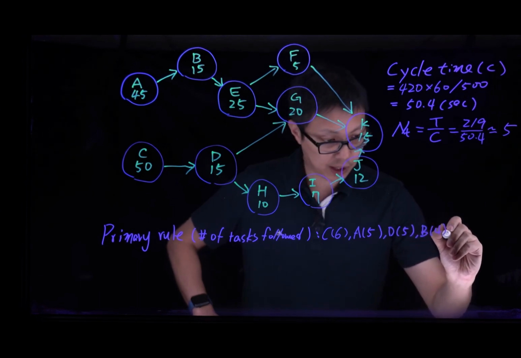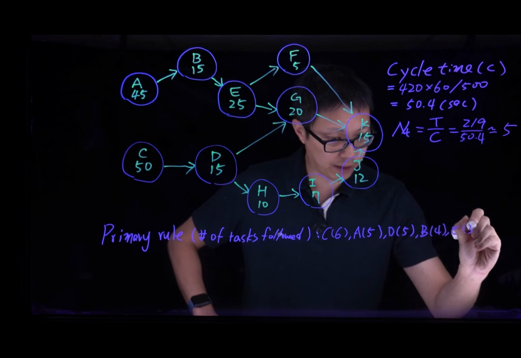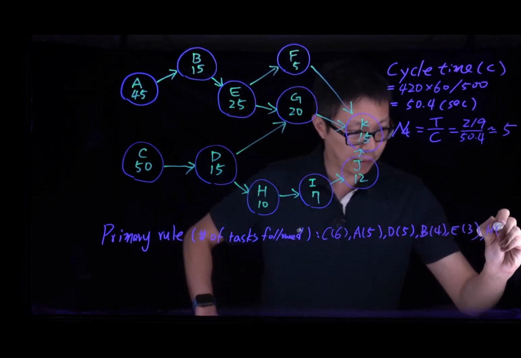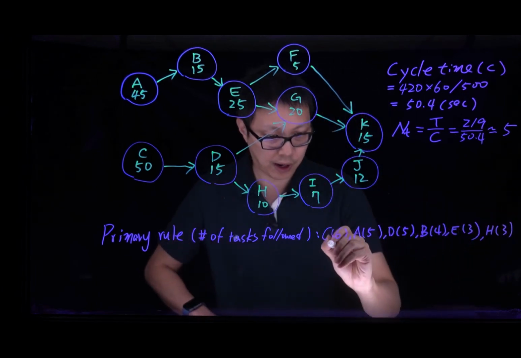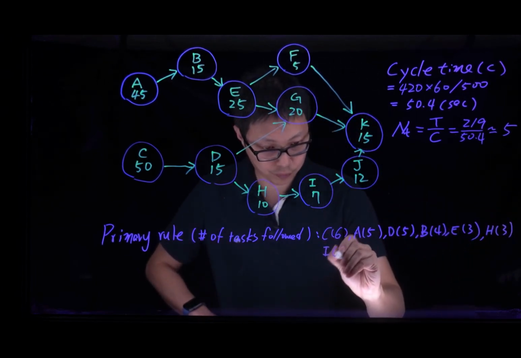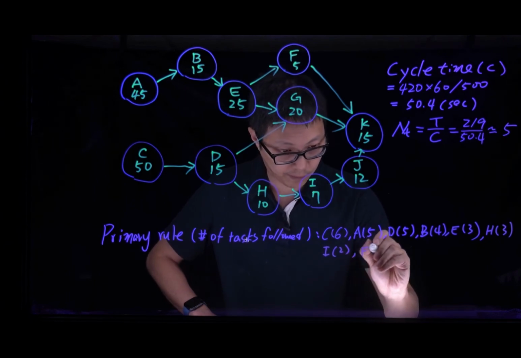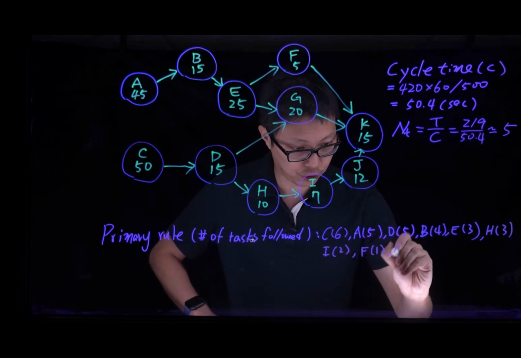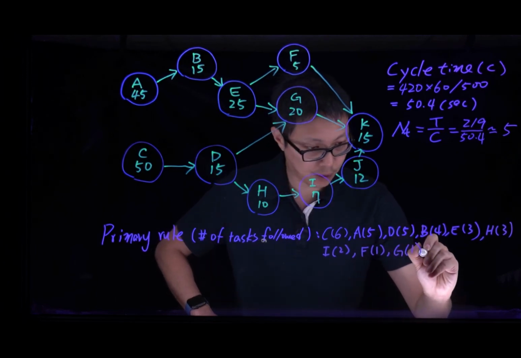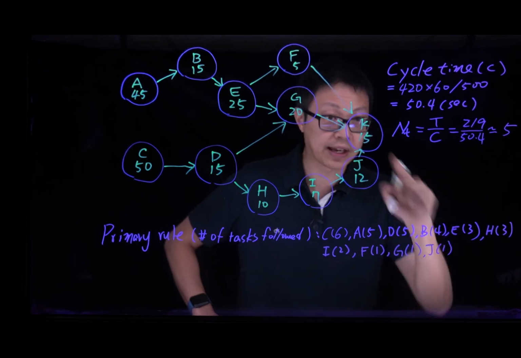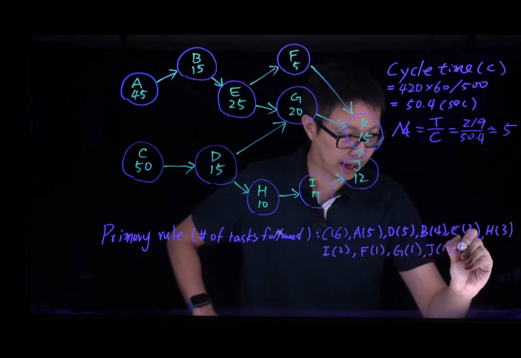For E, we will have 3. Then for H, we also have 3. For I, we have 2. For F, we have 1. For G, we have 1. For J, we only have 1. K is the last step, so K will have 0.